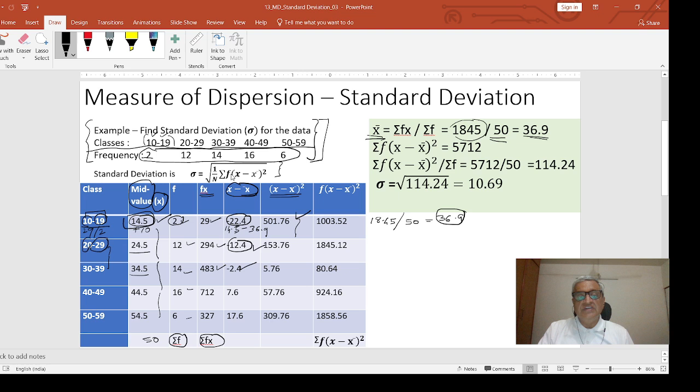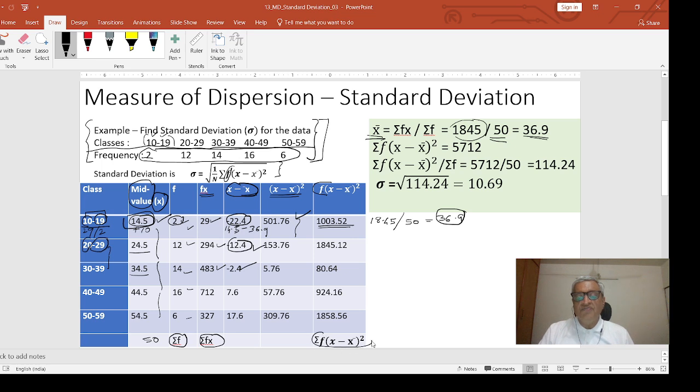Here we have added f. We multiply the frequency with (x minus x bar) squared. The frequency is 2, so 2 multiplied by 501.76 gives me 1003.